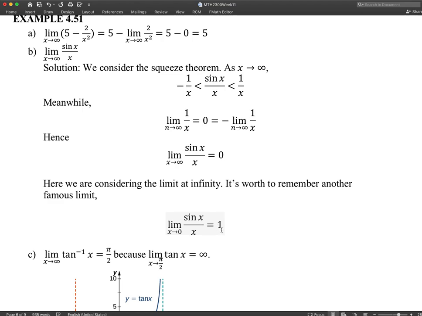And indeed, we are going to look at this limit at least one more time, probably in a week or two, when we talk about L'Hopital's rule to find limits. This is part B.